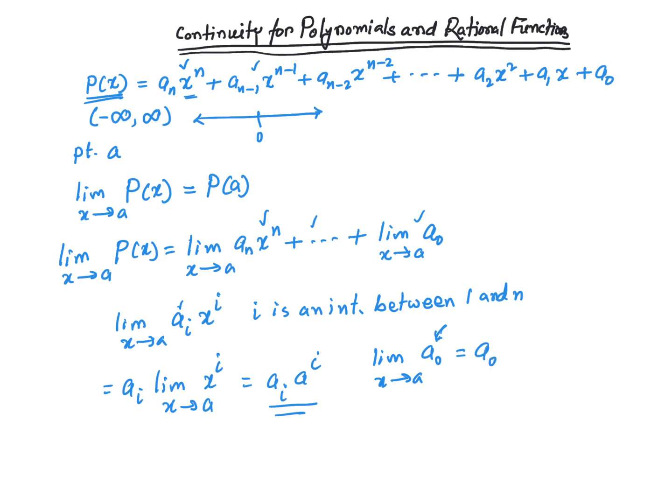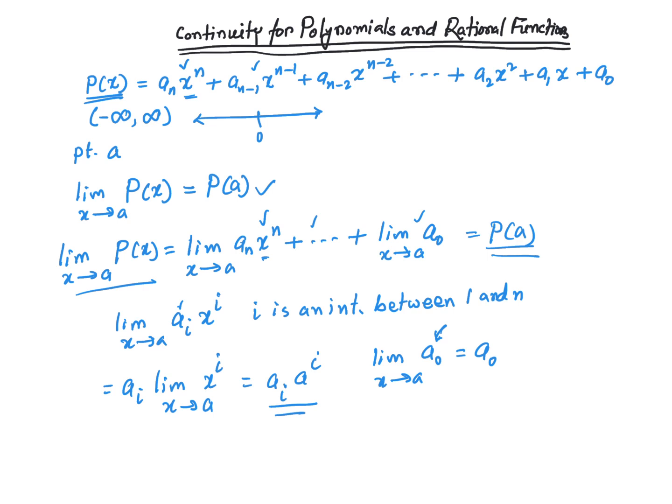So now, if you take all of this information into consideration, that means the individual limits, you notice very quickly that the limit of this thing is nothing but p of a, which is like plugging in a for x in each of these terms. It turns out to be p of a, which is just this. So very simple and straightforward.